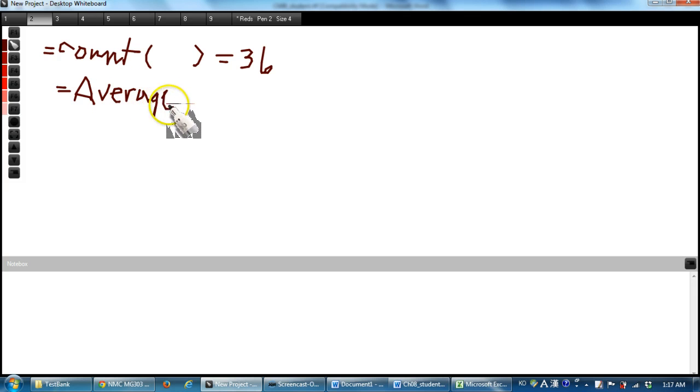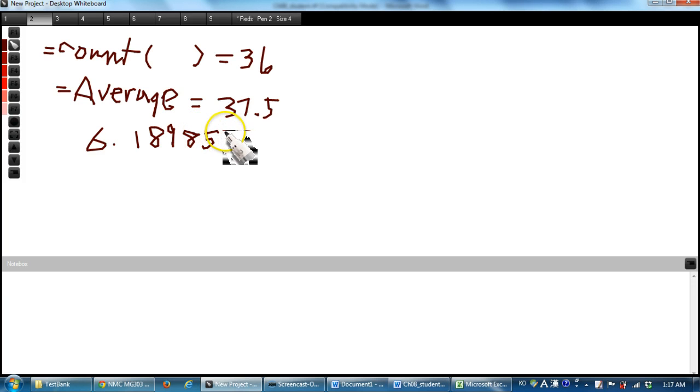By the way, it is 37.5, and for the population standard deviation, my calculation is 6.18983. That's the population standard deviation that I have.